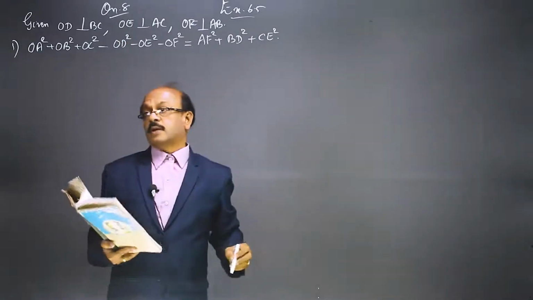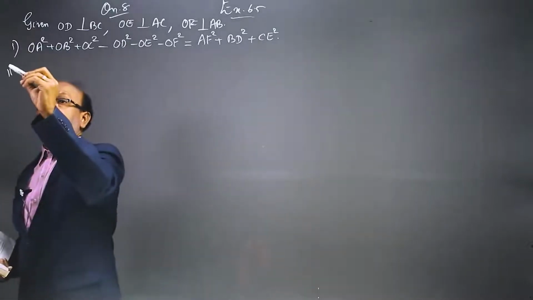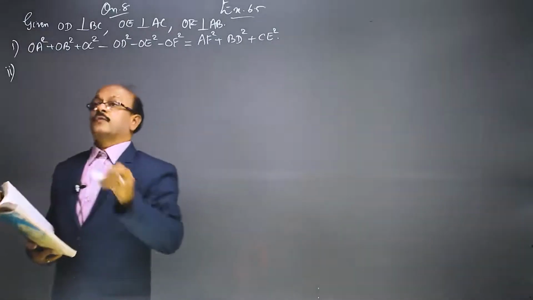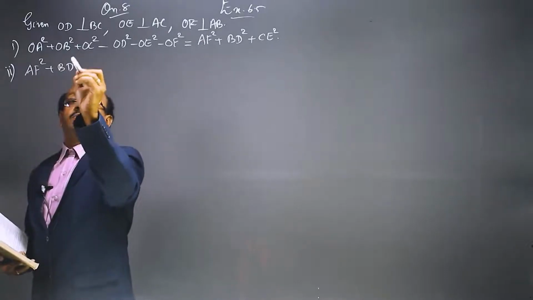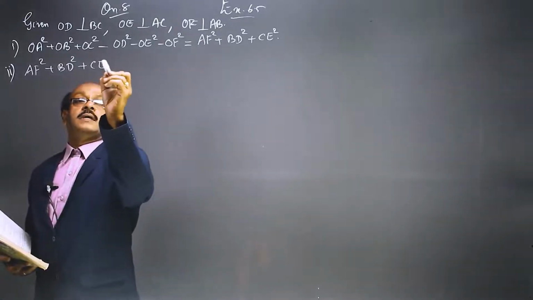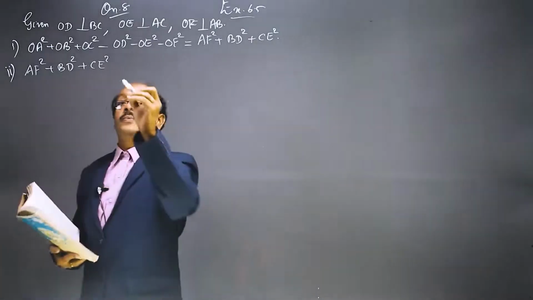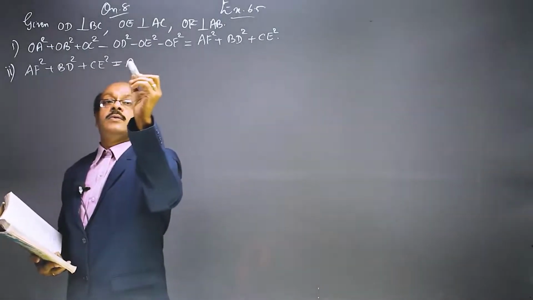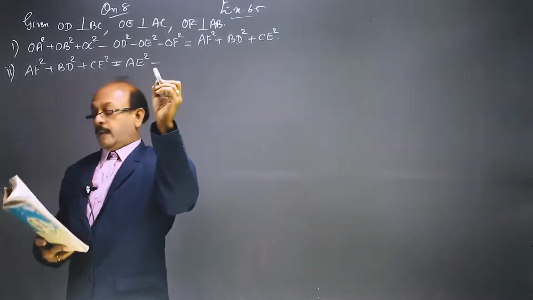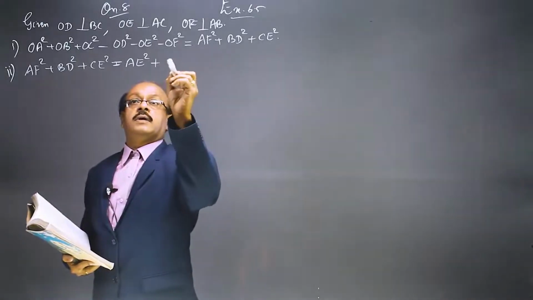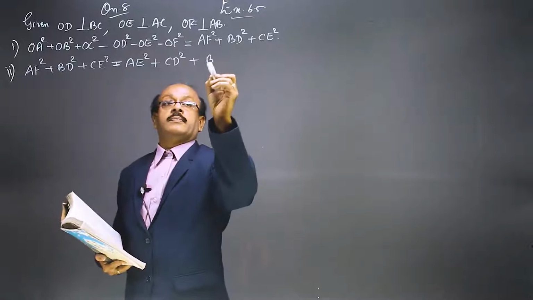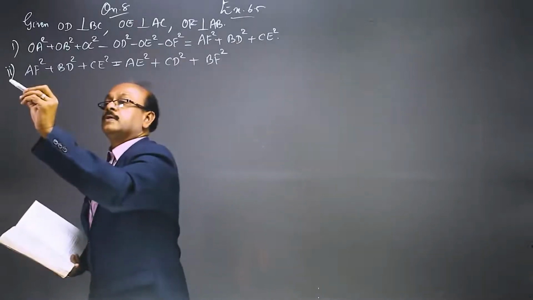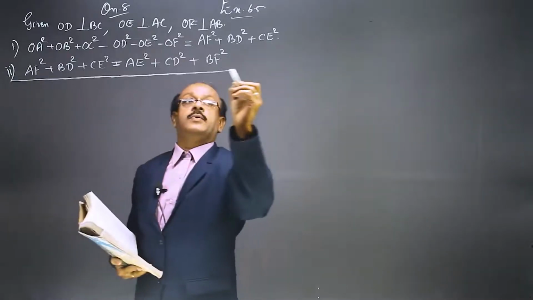Now the second part to be proved is AF square plus BD square plus CE square is equal to AE square plus CD square plus BF square. These are the two things which we have to prove.